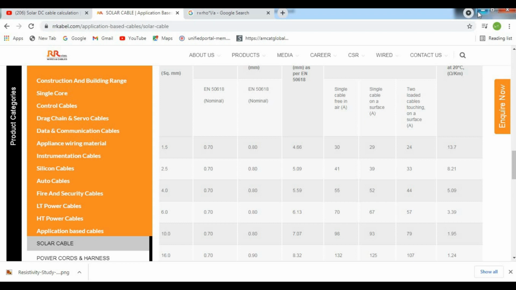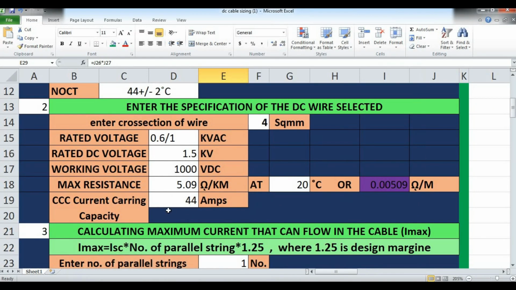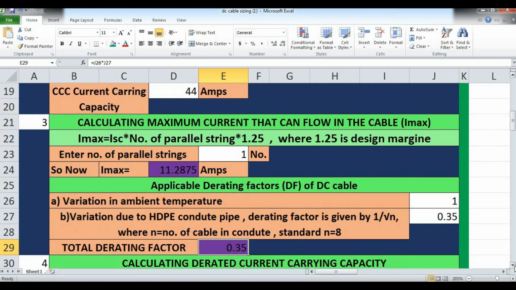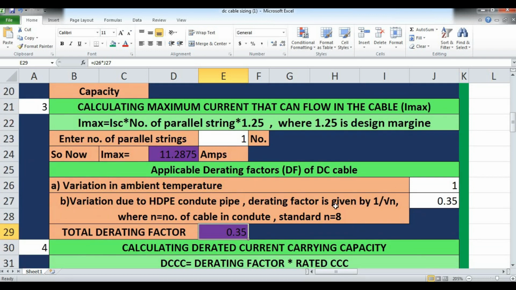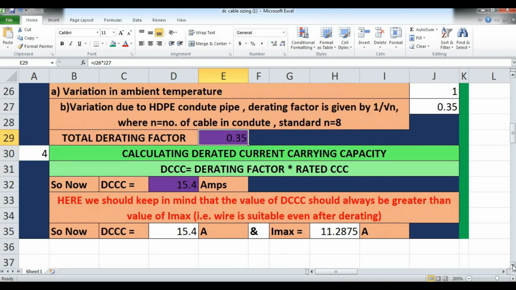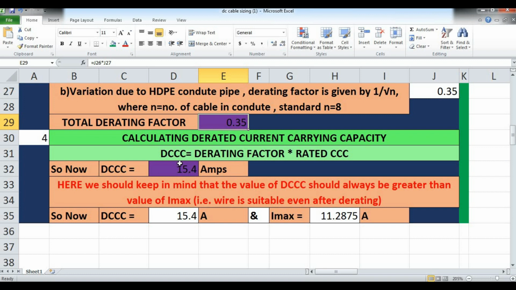So we have given this 44 ampere, and the derating current carrying capacity becomes 44 multiplied by the derating factor, 0.35. So it becomes 15.4 amps. Our Imax, which we calculated previously, was 11.2875 ampere, and our DCC, that is our derating current capacity, is 15.4 amps.